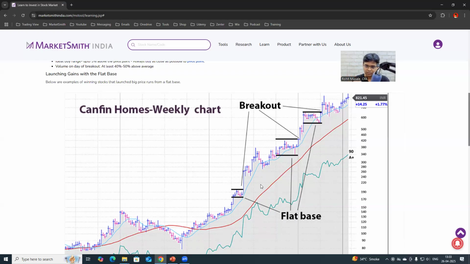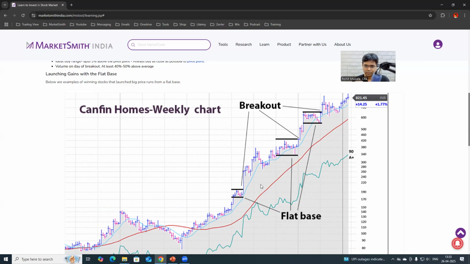Generally double bottom and cup with handle, cup without handle come in early base, base 1 and 2. And then flat base could come in second base, third base, fourth base, and so on. There are other patterns like high tight flag, then there is ascending base. Those are not very common patterns. This is the main thing.